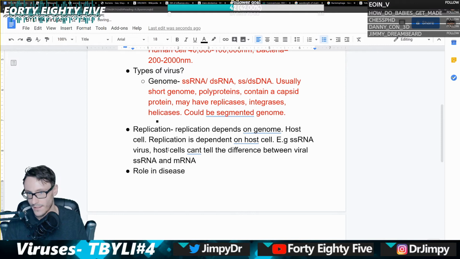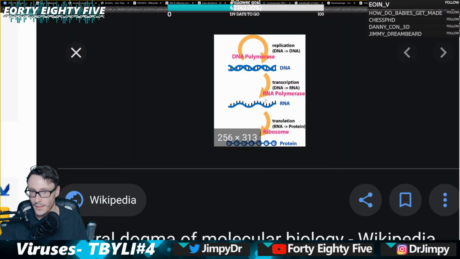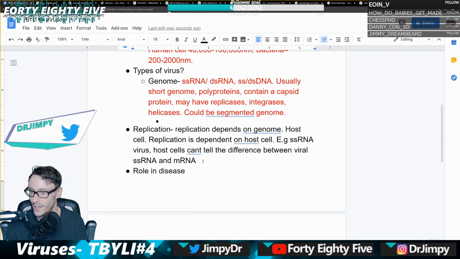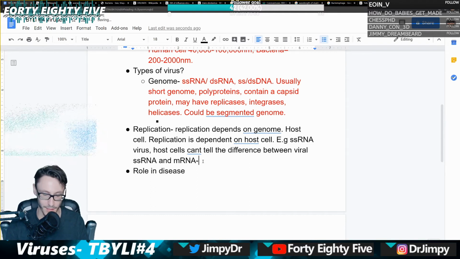And mRNA is the RNA that we showed you up here that it uses to make proteins. So it starts translating the RNA into protein, but the protein that's produced is actually the viral capsid proteins, usually, because they're usually the most expressed or the most produced. So the host starts making viral proteins.